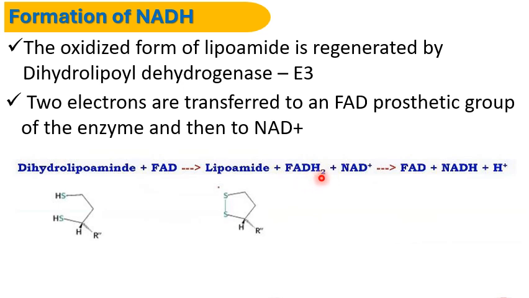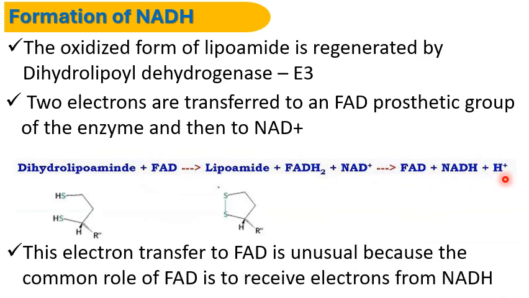FADH2. Now, the FADH2 also quickly transfers the same electrons to the NAD+, and when it does that, it is going to form FAD and NADH plus H+. This electron transfer from FAD is unusual because the common role of FAD is to receive electrons from NADH.